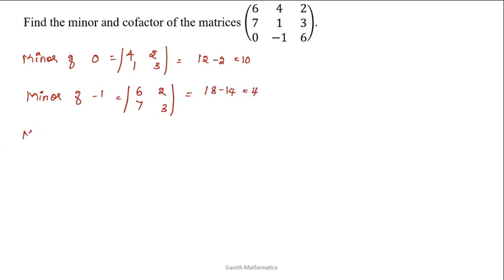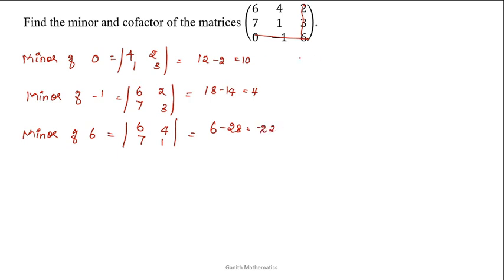And minor of 6, eliminate the corresponding row and column, this is the third row and third column, so left with 6, 4, 7, 1, so it is 6 minus 28, that is minus 22.